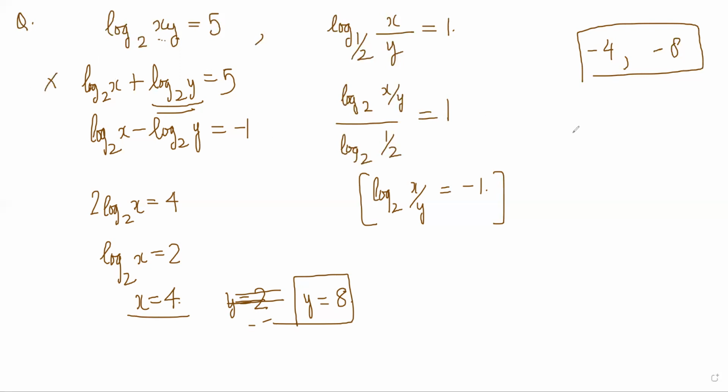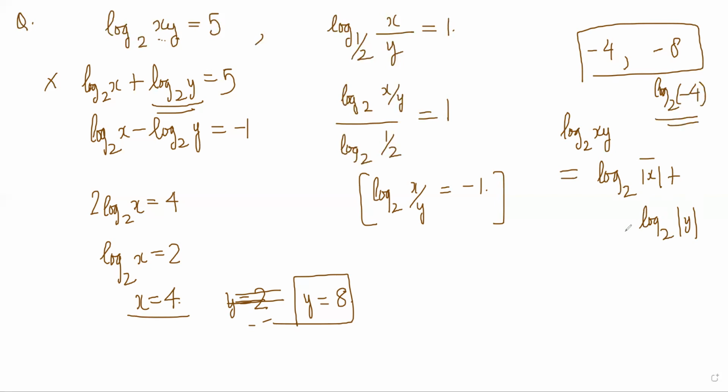If you have log 2xy, you have to write it as log 2 mod x plus log 2 mod y, because log 2 of -4 is not defined. Yeah, that makes sense actually.